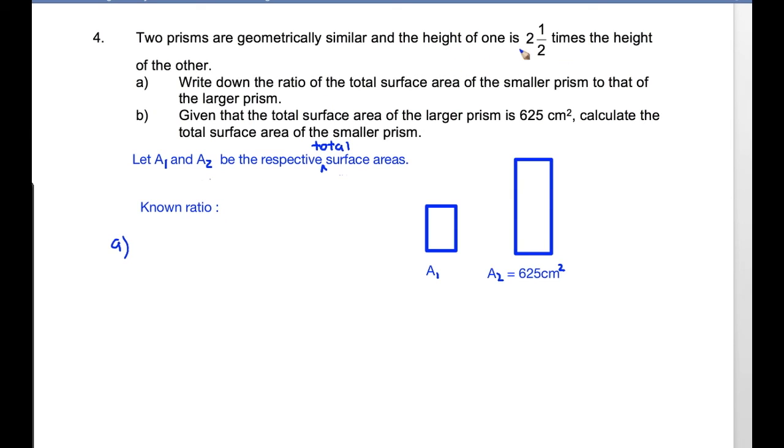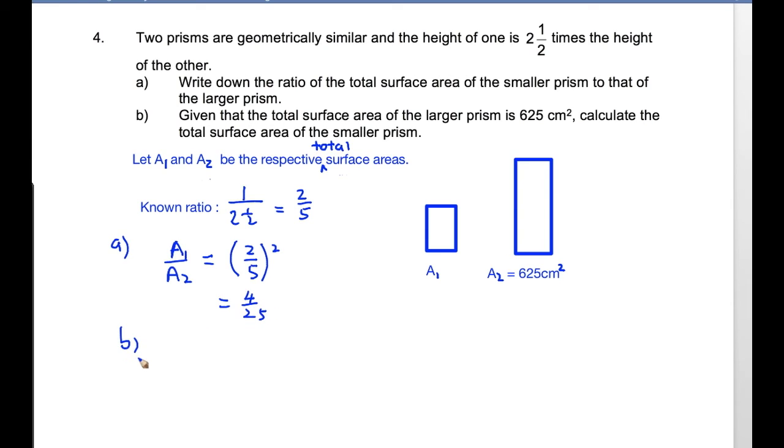The known ratio is worked out from the ratio of corresponding heights, which is 1 is to 2.5, which gives us 2 over 5. Next, we want to find the ratio of their total surface areas, which is A1 over A2, simply the square of the known ratio, which is 4 over 25.